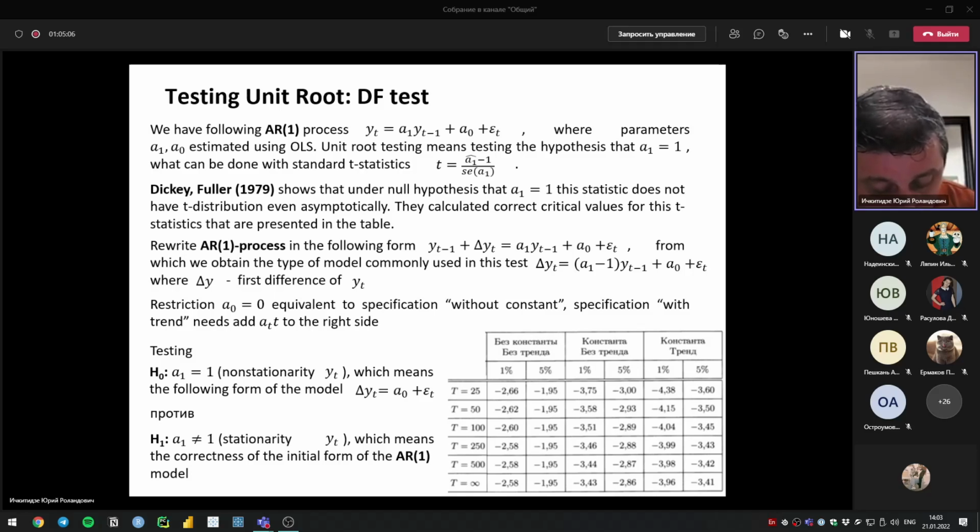In this case, we only get a0 on the first differences. That is, the IR0 model arises on the first differences. The test is carried out against the alternative that a1 is not equal to 1, which means that yt is stationary. This means that the original IR1 model is correct.